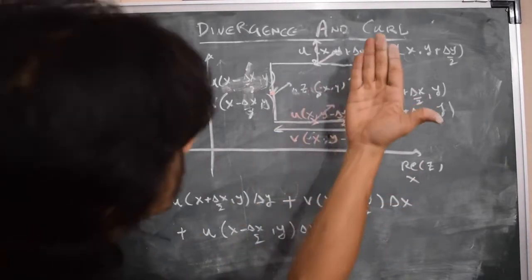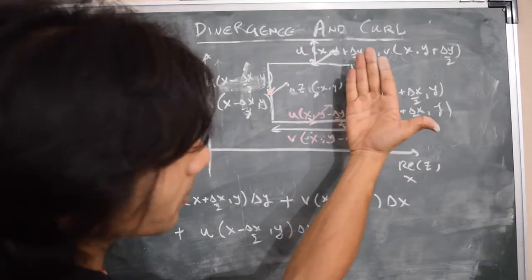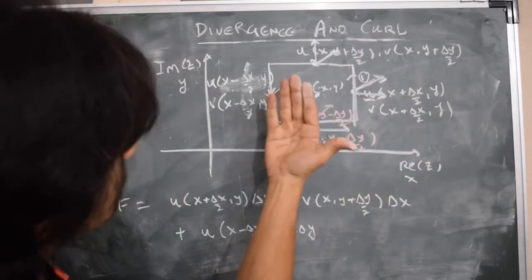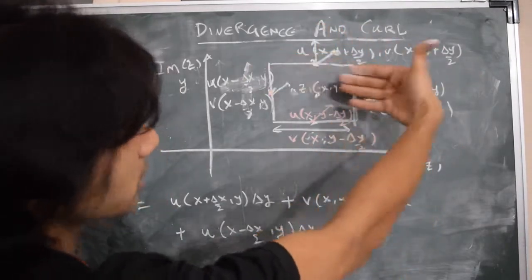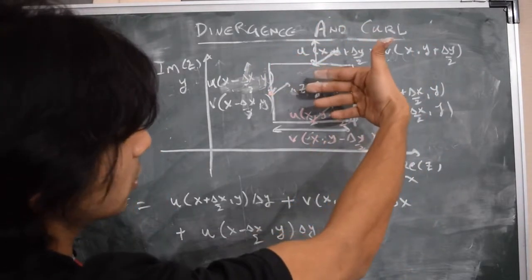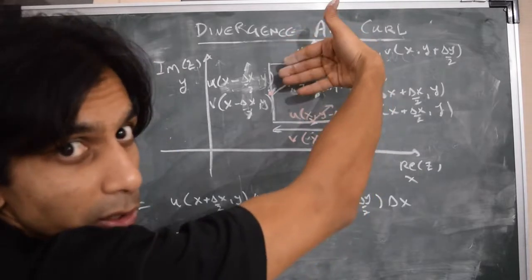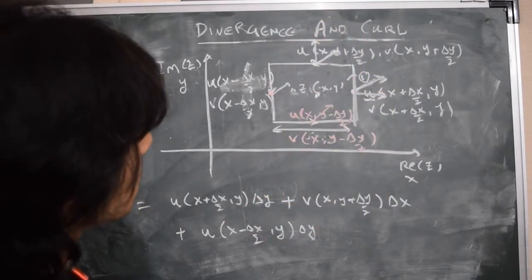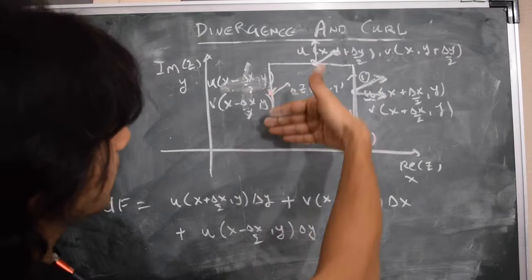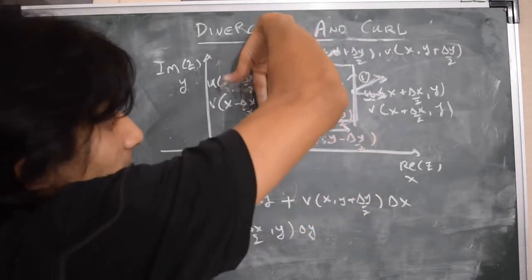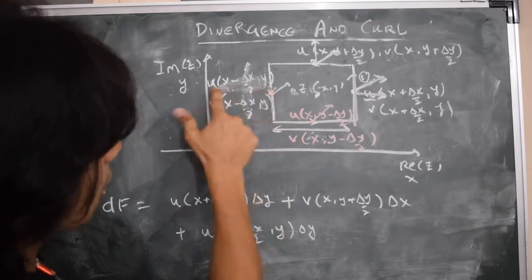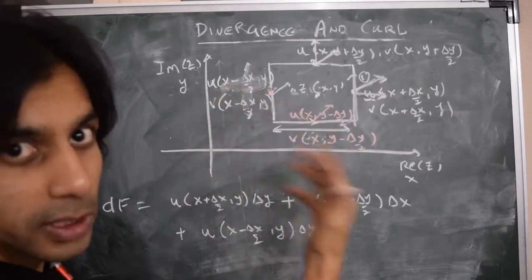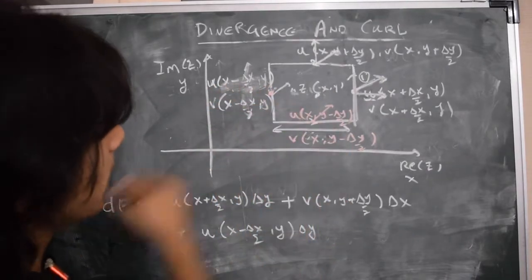So if you're traversing the curve in this direction, then the normal is pointing outwards. For instance, here the normal is pointing outwards. If I point my fingers along the direction in which we are propagating along the loop, then the thumb is pointing along the normal to the curve. So if I apply the same rule here, we are traversing the segment in this direction, so the direction of the normal should be outwards. That will be a positive sense of the normal.